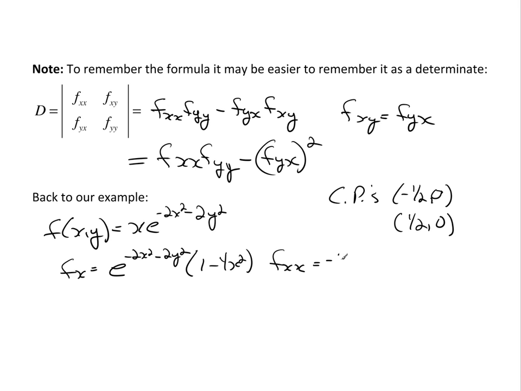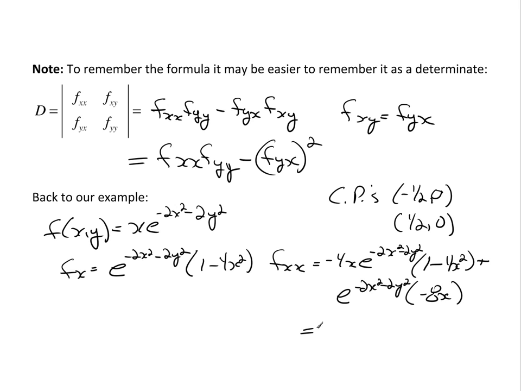That's going to be negative 4x e to the negative 2x squared minus 2y squared times (1 minus 4x squared), plus e to the negative 2x squared minus 2y squared times negative 8x.